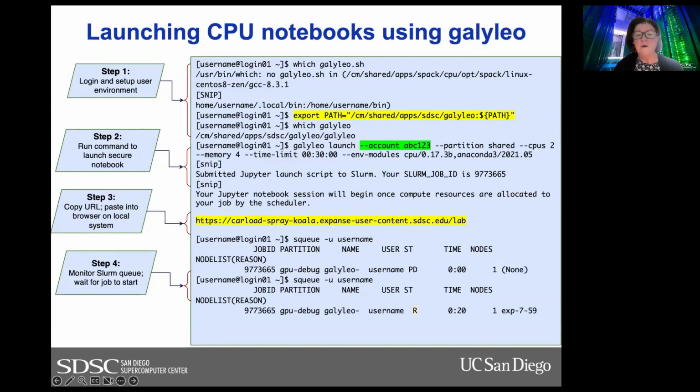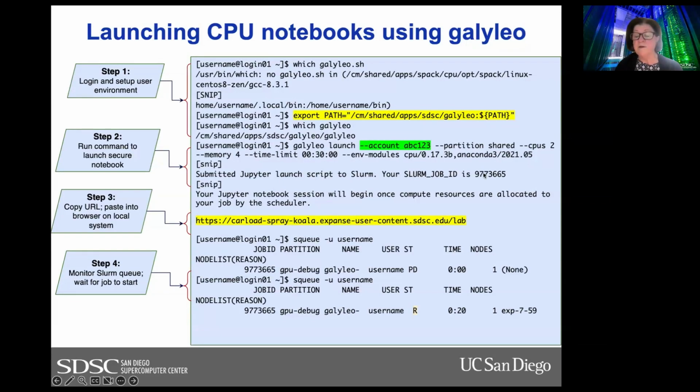Okay, so anyway, you're going to use this Galileo launch command, which comes right out of Marty's web pages. Make sure you put the right account in there, and then this should run. You'll get a bunch of stuff out, and it says the job script, whatever you had in the script, is good. It's going to be submitted to Slurm.